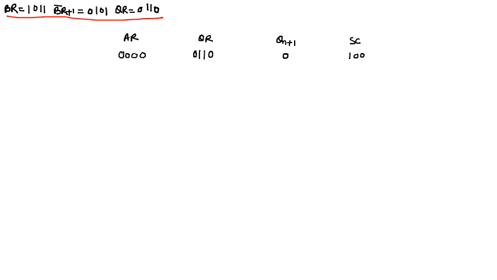This bit is known as Qn, and this is Qn plus 1. So we'll test these two bits. The first step is our Qn and Qn plus 1. As we can see, these are 0, 0.